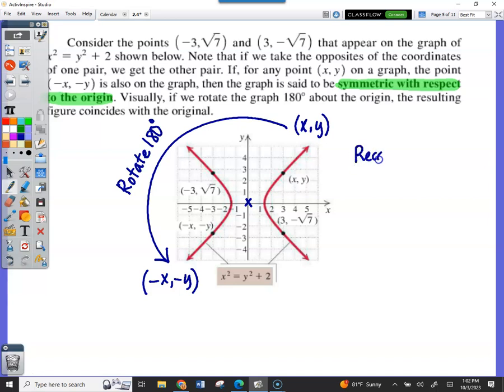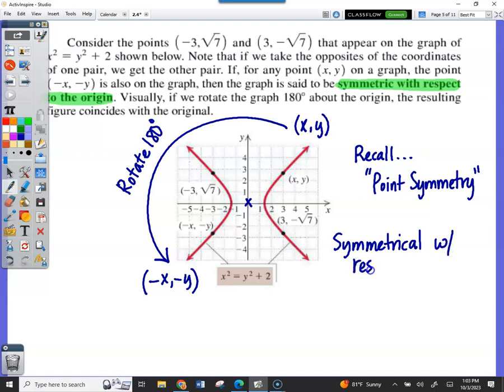Now, what do you actually need to just recall for a second from geometry? This is just a nice to know, not a must know. It was called point symmetry in geometry. It was when you could hold it down and turn it upside down 180 and it would be the same image. That was called point symmetry. So that graph is symmetrical.